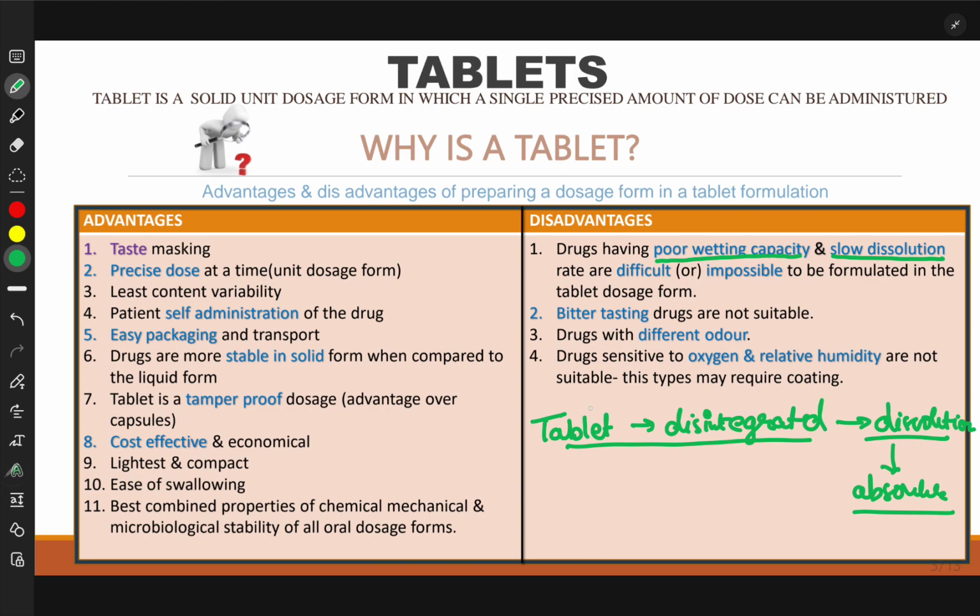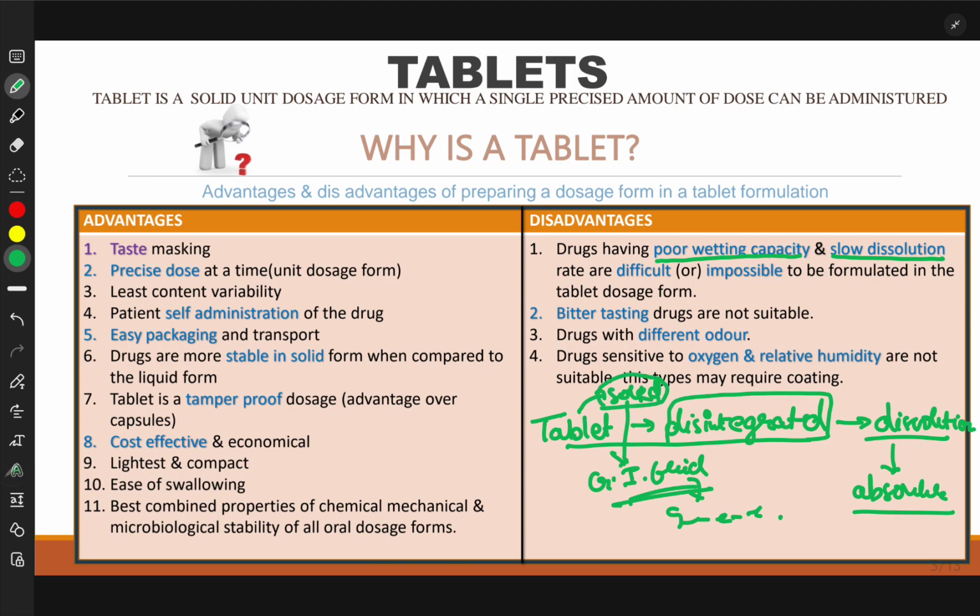First, the tablet should be dissolved in GI contents, meaning GI fluids like gastric acid, so that the tablet is disintegrated.